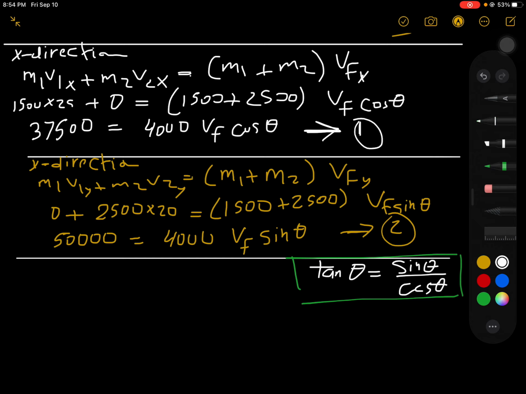Now I'm going to divide equation number 2 by equation number 1, this by this.